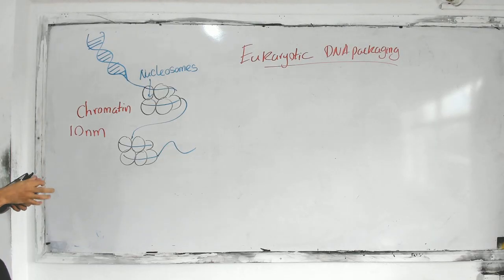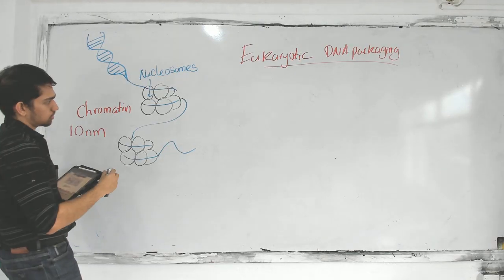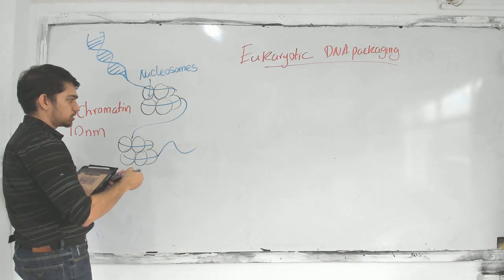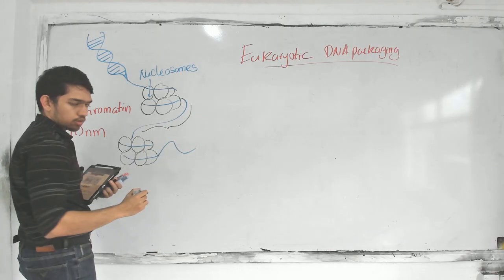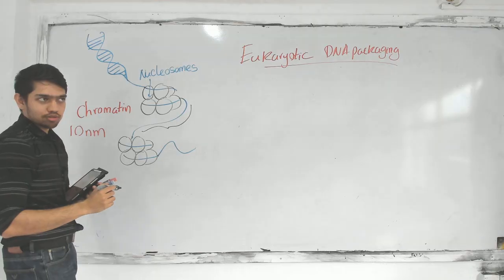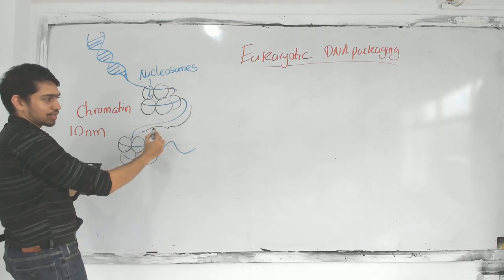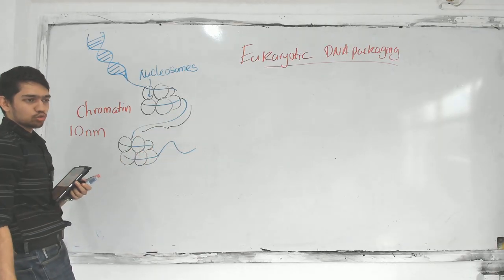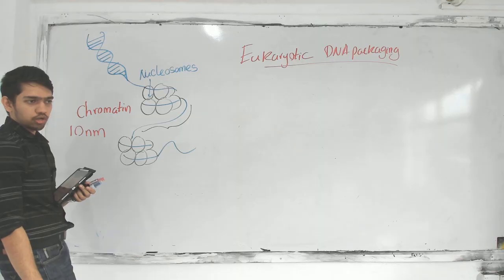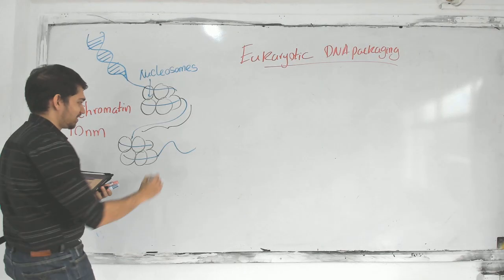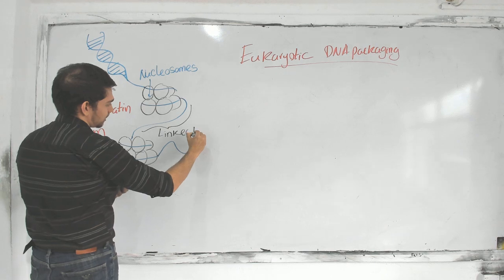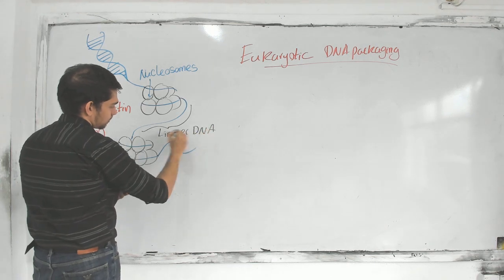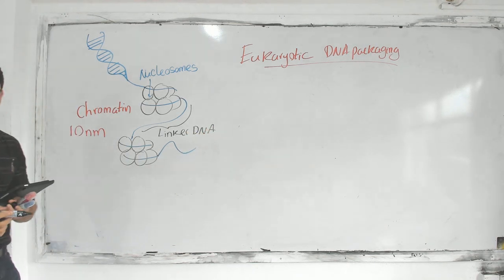There's a name we give for these segments of DNA that are in between two nucleosomes. Anyone? The DNA segments that link two nucleosomes are called linker DNA, right? Linker DNA. Easy to remember, right? Linker DNA.